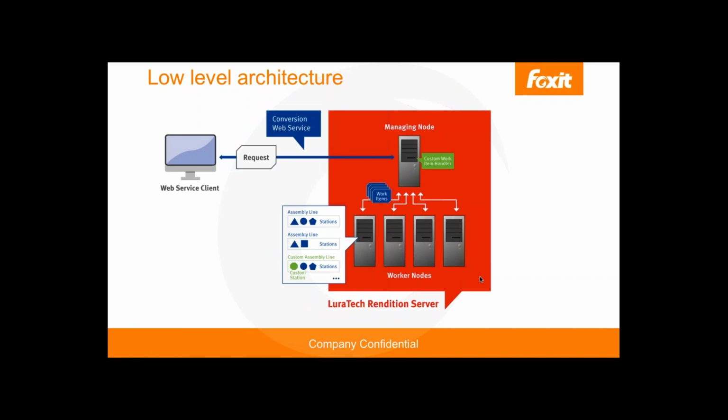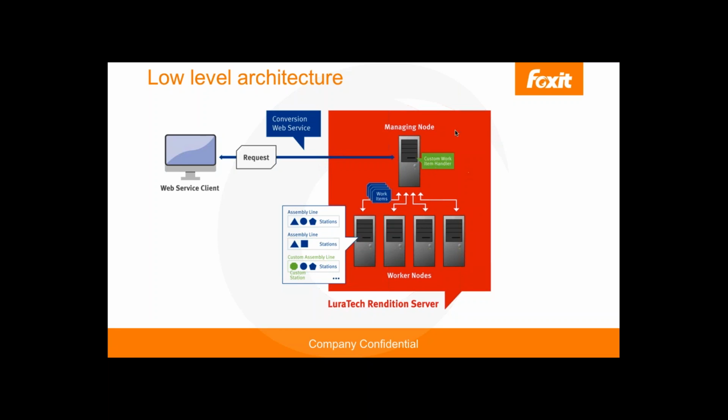Digging a little bit deeper into the architecture, now we're looking at a single request coming in through the web service. It hits the managing node first, and here's the little first green box, because in the managing node you can immediately take influence and take control, in your specific way and with your specific needs, of how to break apart this request and how to work on it.